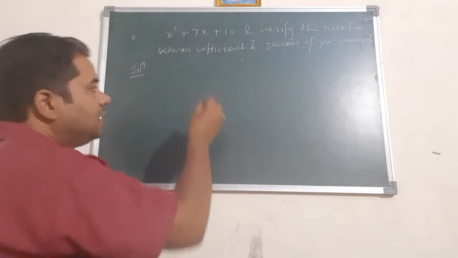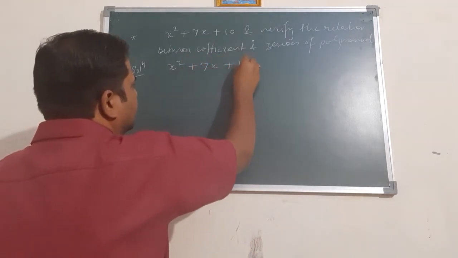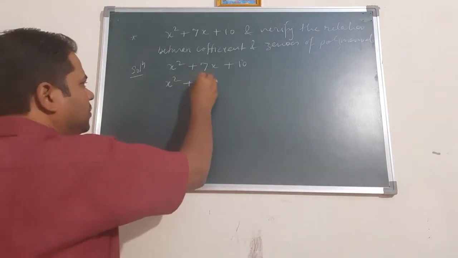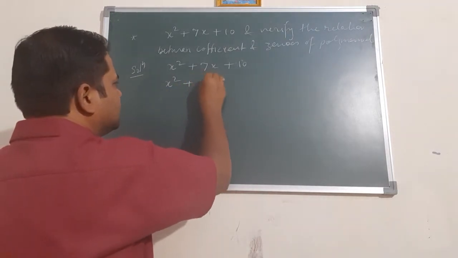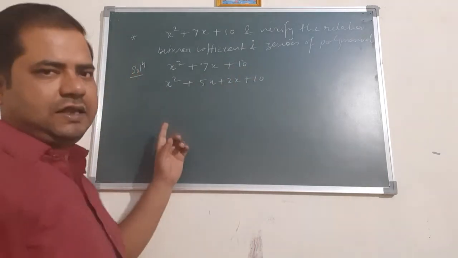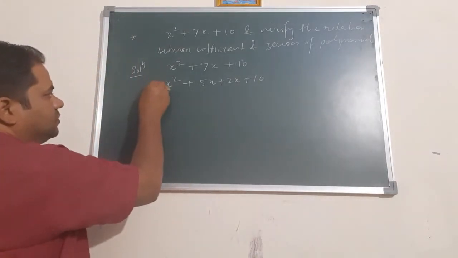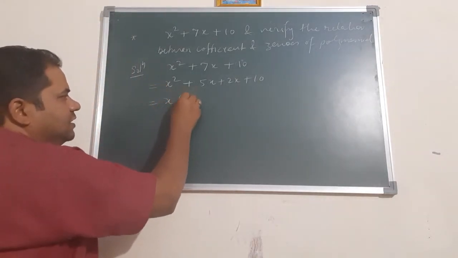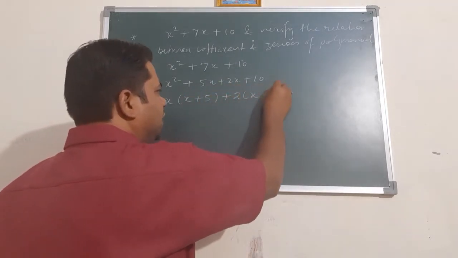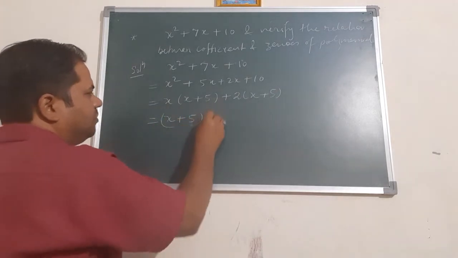The polynomial is x square plus 7x plus 10. So first of all, factorize it. x square plus 5x plus 2x plus 10. As you know from class 9, how to factorize a trinomial. So this is nothing but x times x plus 5 plus 2 times x plus 5, x plus 5 taken out of the bracket.